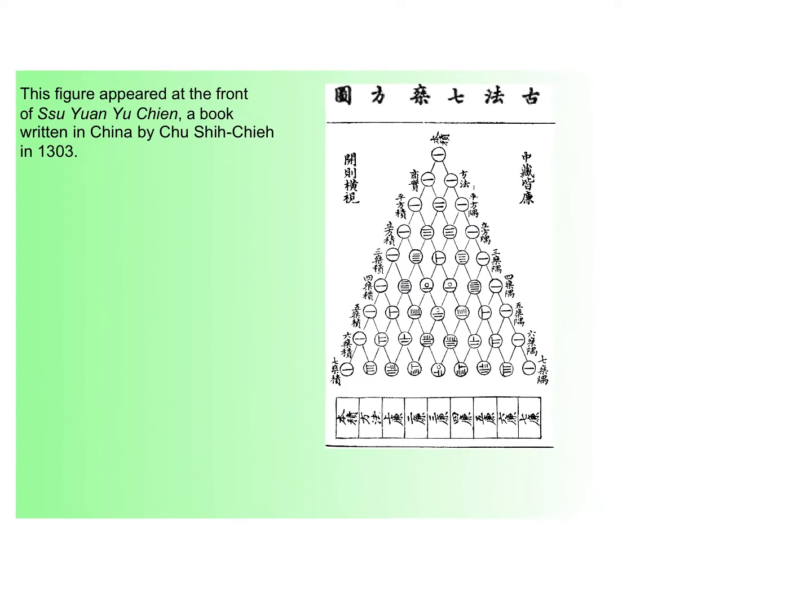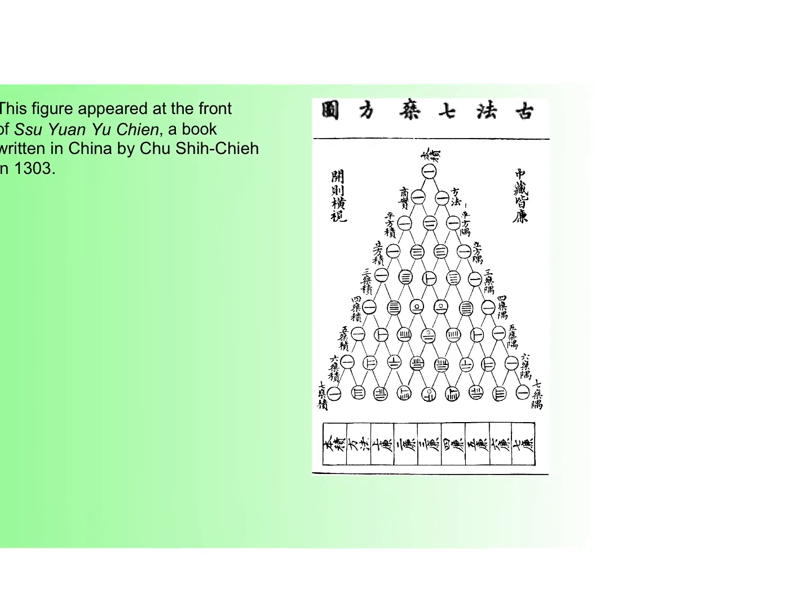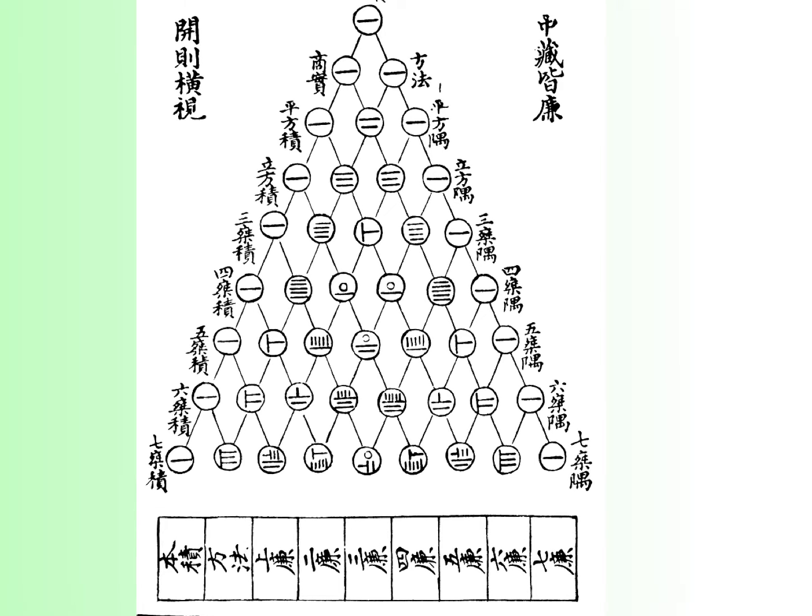This figure appeared at the front of a book that I cannot pronounce, written in China in 1303. Does that look familiar at all? Looks a little bit like that triangle we were just doing.